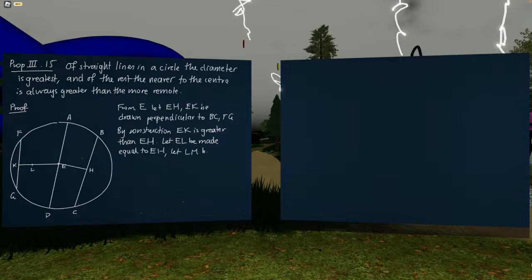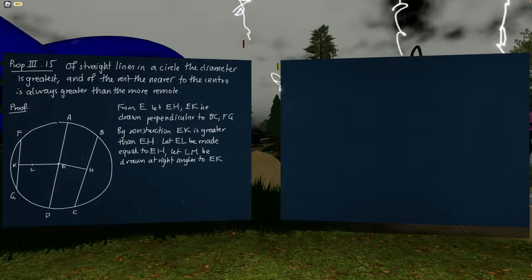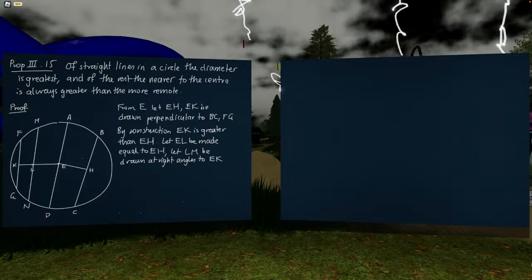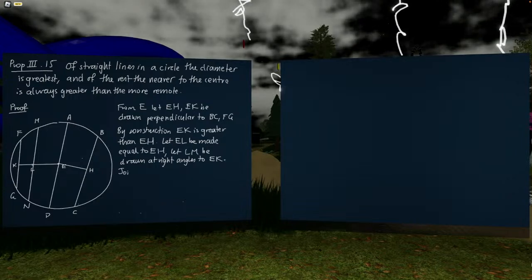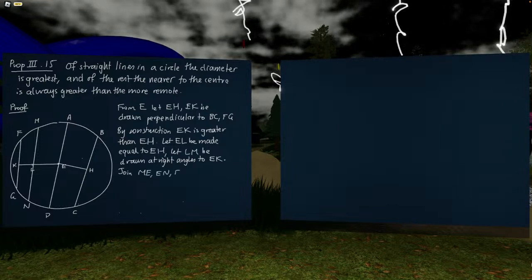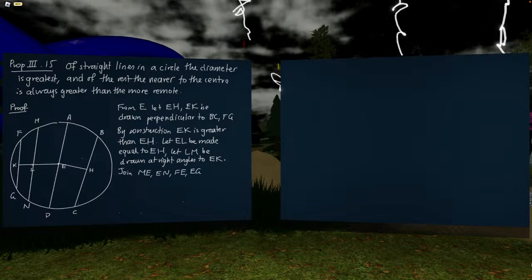Let LM be drawn at right angles to EK. And then do the obvious thing. Continue that line through to N. And then we're going to join ME, EN, FE, EG.